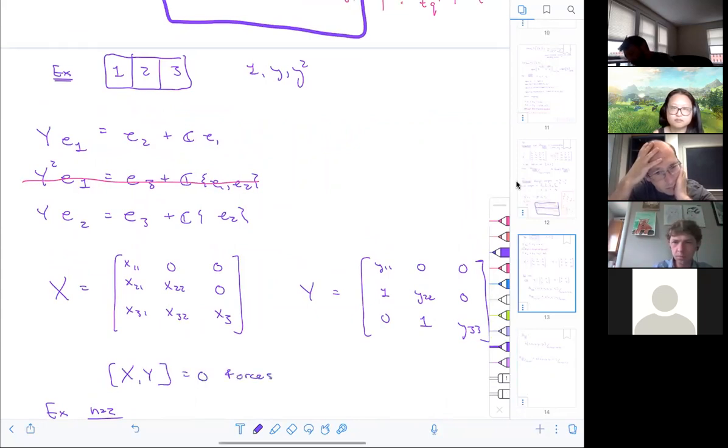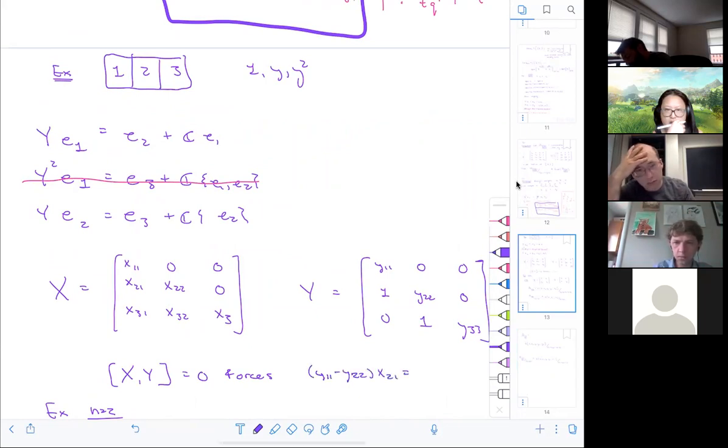For example, one of the relations is y11 minus y22 times x21 equals x11 minus x22, things like this. I should just say real quickly, the weight of x's is q, the weight of y's is t, and so that forces the weight of x21 to be q over t.